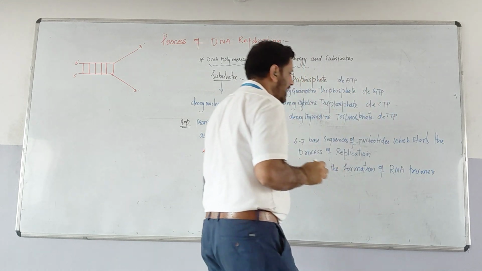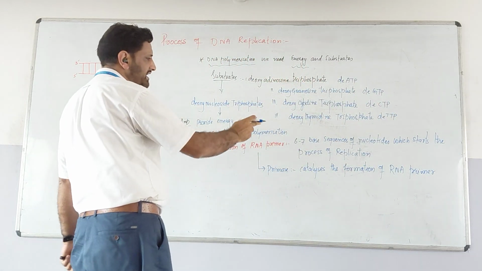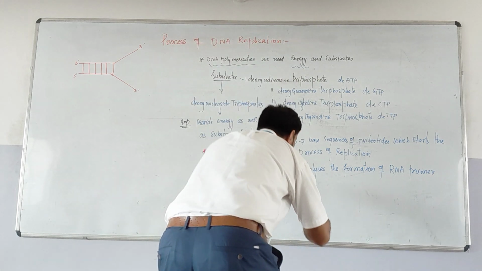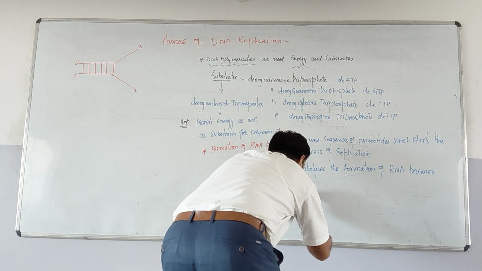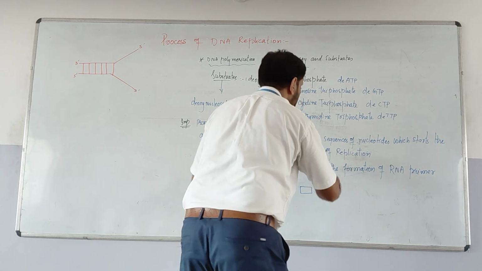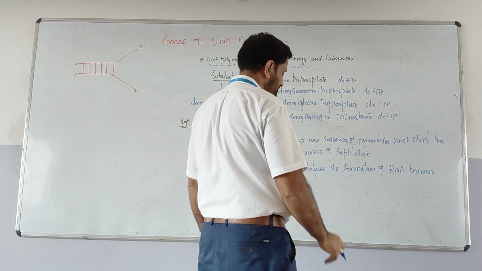So this is a short sequence of these 6 to 7 base sequence of nucleosides. Draw this, suppose this is the RNA primer. This RNA primer is a short sequence of these 6 to 7 base nucleosides.